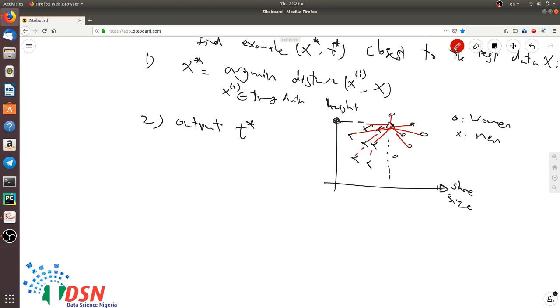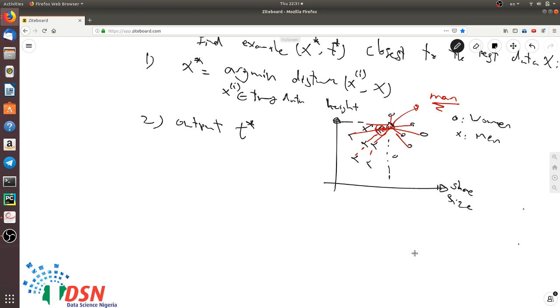Then you should select the nearest point in here, which is this one, and return the class of the nearest neighbor as your output. So in this case, we say that the output value for this test data is man, the label, because the nearest point is actually a man, in Euclidean space.